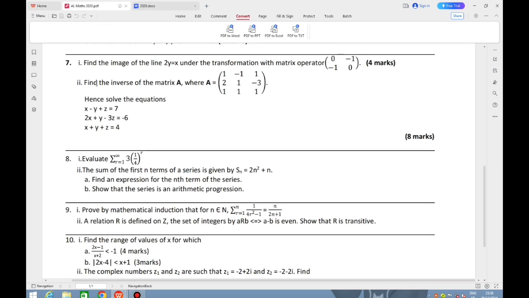Now let's go to question 7 Roman 2, which says find the inverse of the matrix A, where A is equal to this, hence solve the equations.